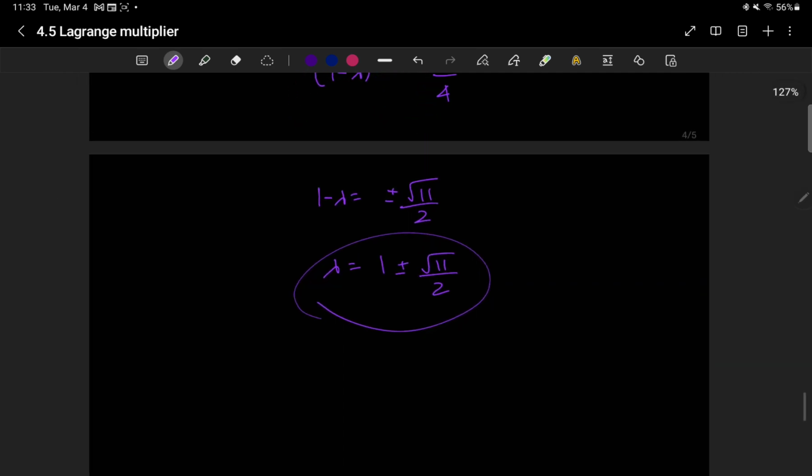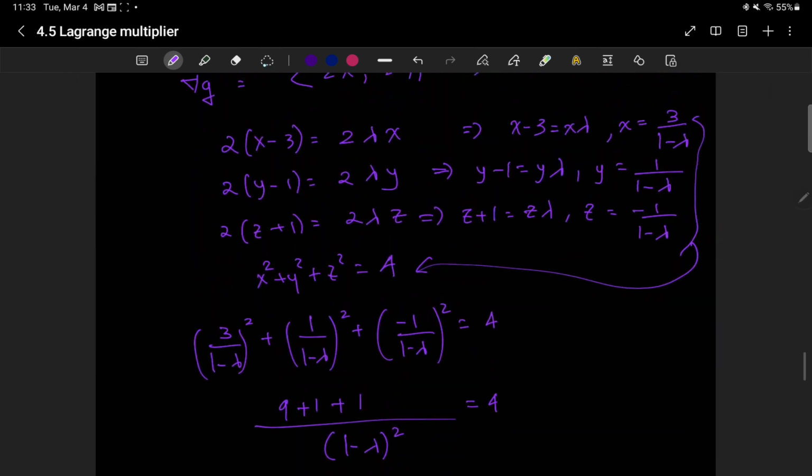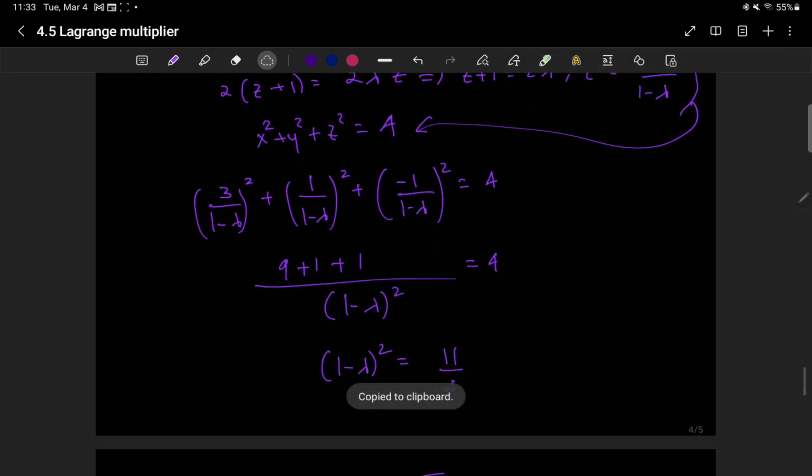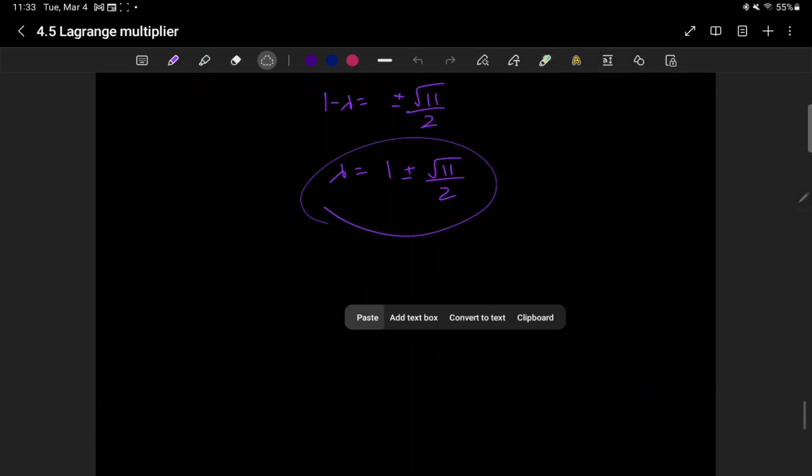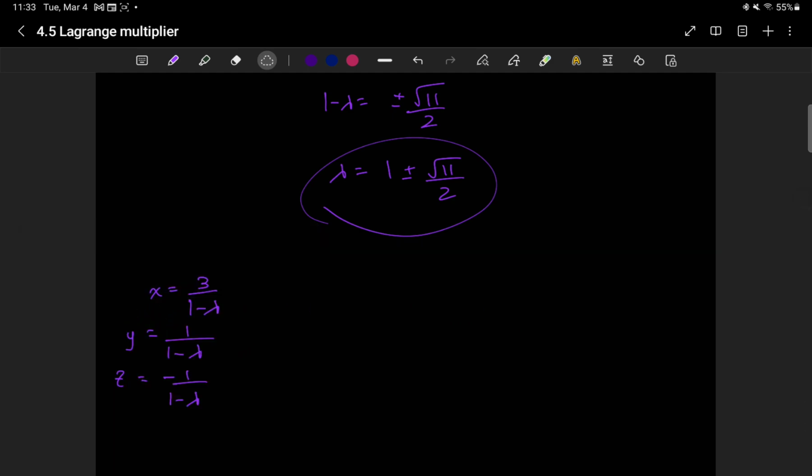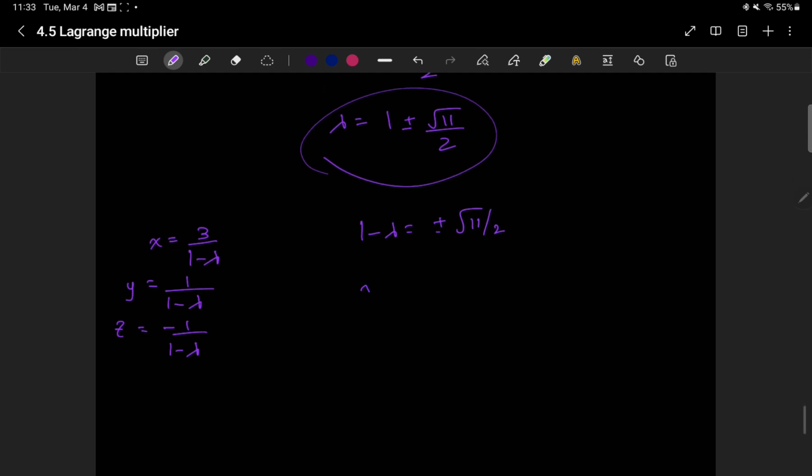Once you have your lambda, you can find each of your x, y, and z, because you have a relation between x, y, z, and lambda. It looks like all of the denominators have 1 minus lambda, so 1 minus lambda is the square root of 11 over 2. So x is 3 divided by the square root of 11 over 2, so 6 over root 11, plus or minus.